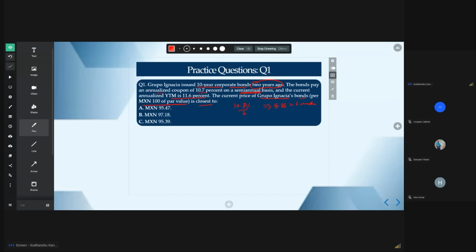Same logic: what is the YTM per period? Your period is 6 months, so we will divide 11.6 also by 2, and we'll get 5.8. And how many periods do we have? What is the number of years? 2 years ago the bond was issued. How many years are balance? It is a 10-year corporate bond, so 8 years are balance.